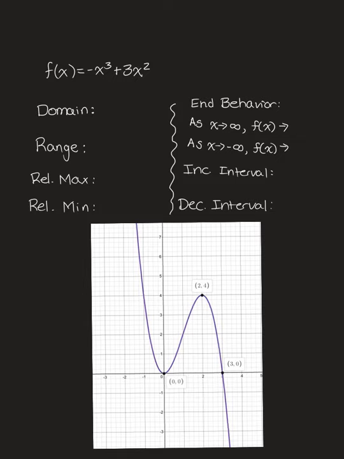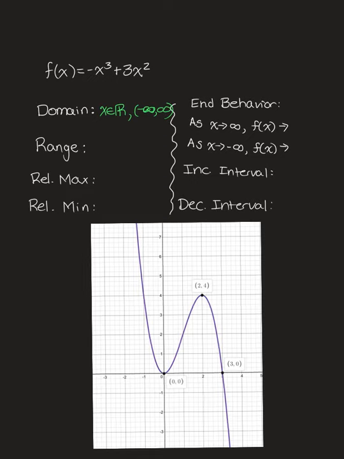For a polynomial function, more than likely, I'm not going to say always, but more than likely, your domain is going to be all real numbers. So there's two ways that you can write it. X is an element of the reals, or you can go from negative infinity to positive infinity in interval notation. Okay.